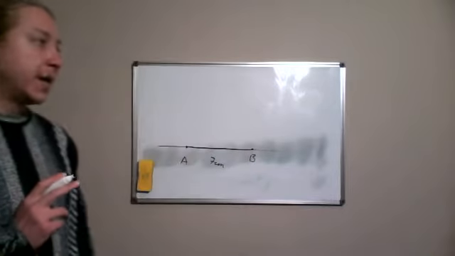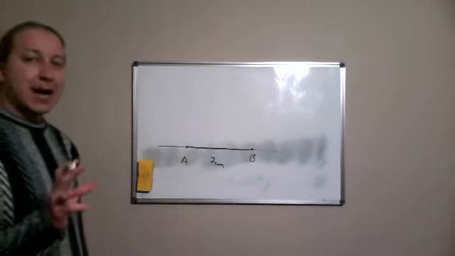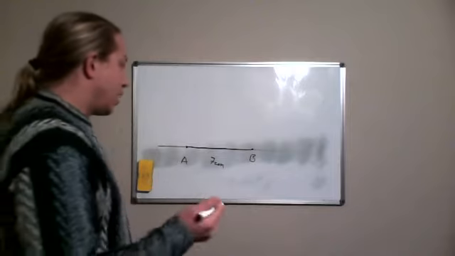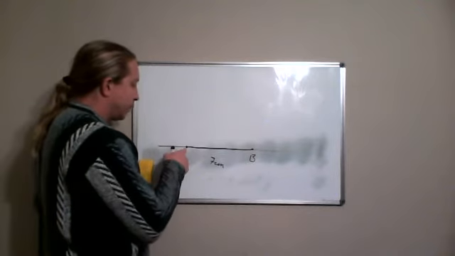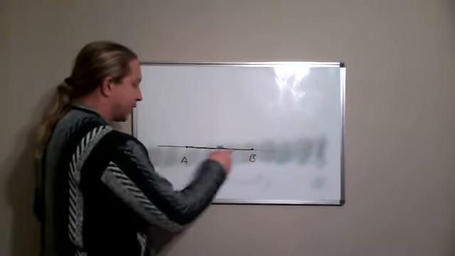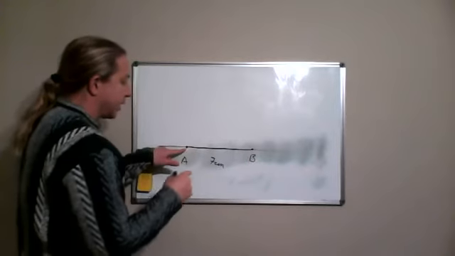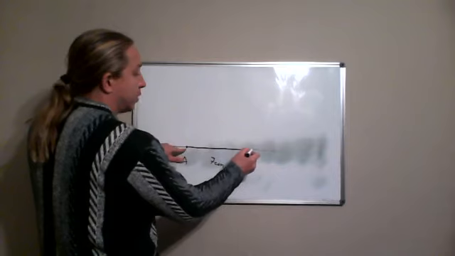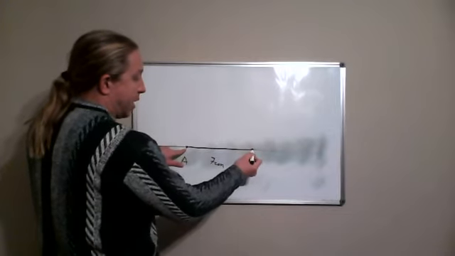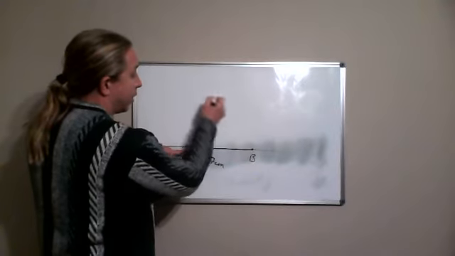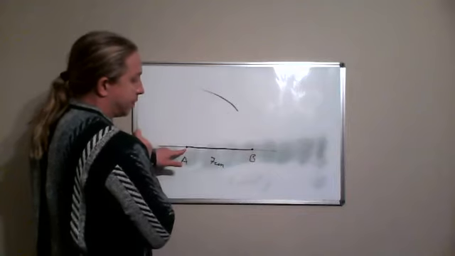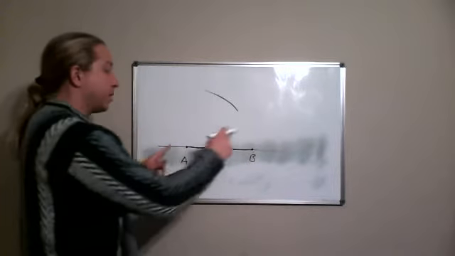So we need to make an equilateral triangle, meaning the sides have to be the same. Okay, well, that's easy. We're going to set our compass to this distance, 7 centimeters. We're going to put our needle point at A, stretch it out to 7, which is B, and we're going to make an arc like that. Okay. Now we're going to flip it around.